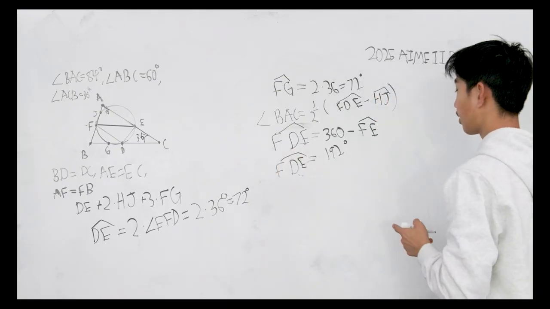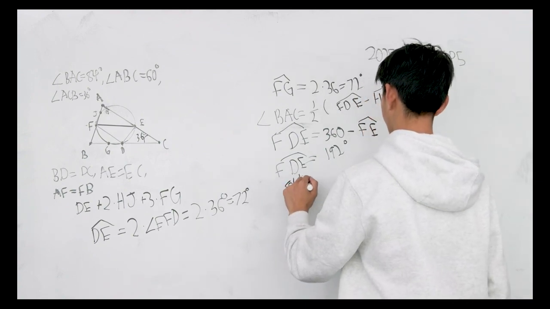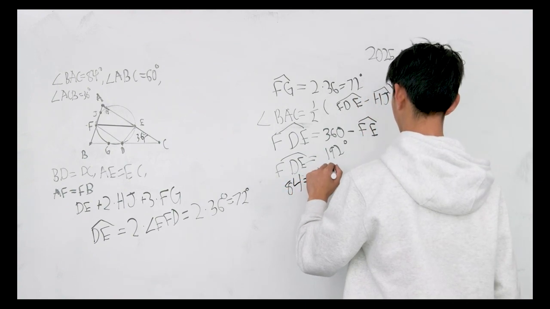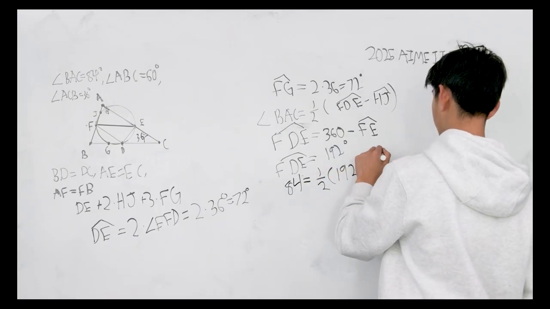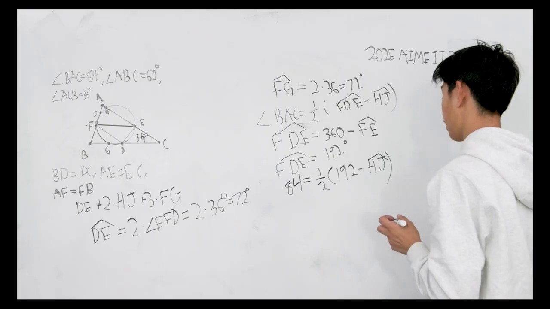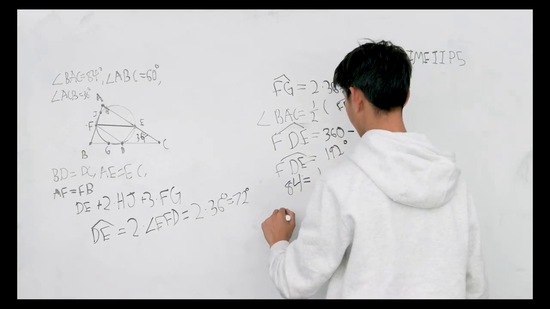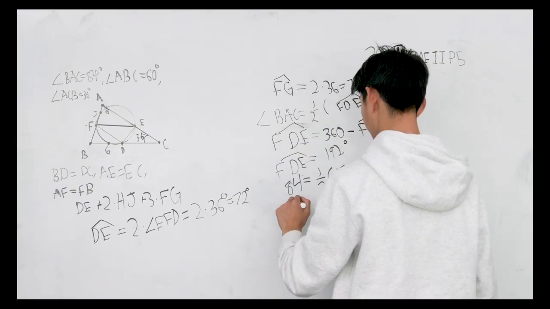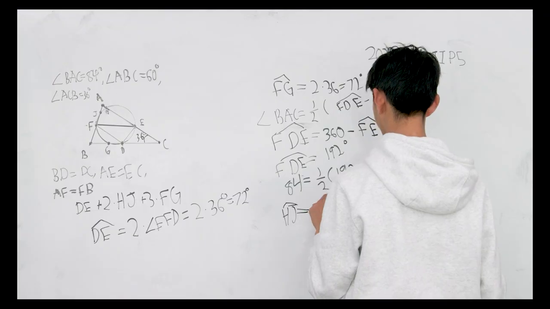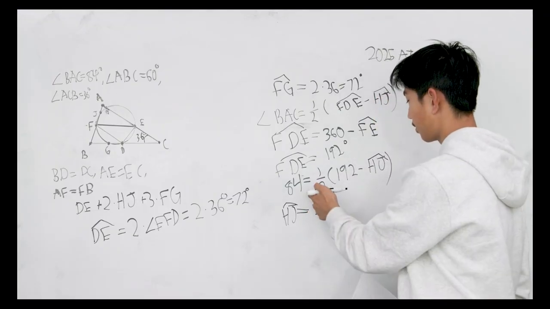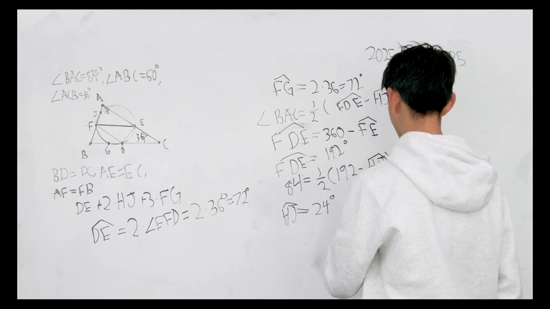And then we can plug these values in. So BAC is 84. 84 is equal to 1/2 of 192 minus HJ. And we solve for HJ. Arc HJ is equal to 24 degrees, because this is 168.